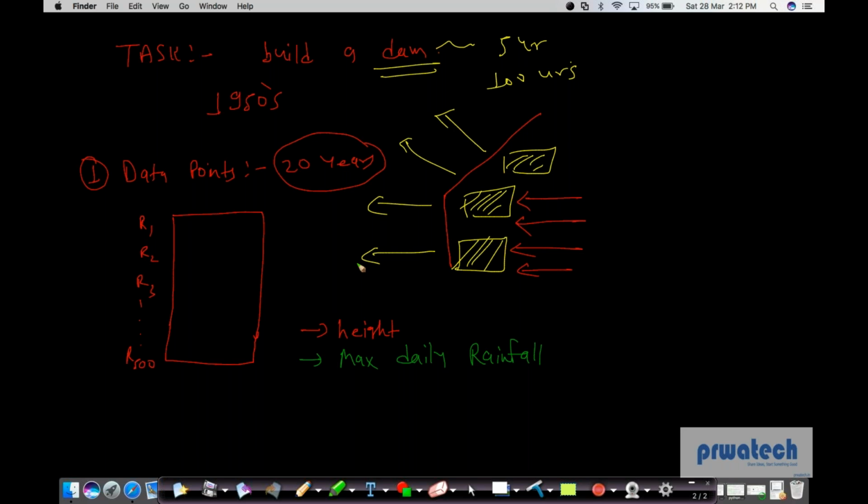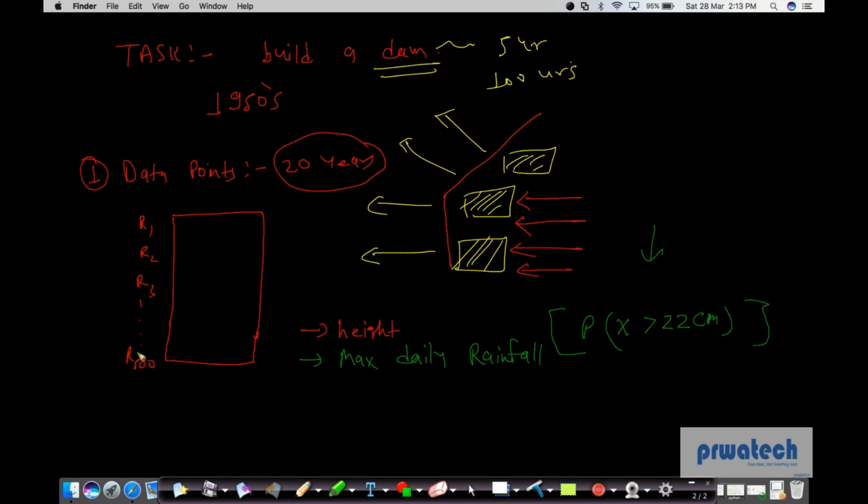Once I know this, say this is my random variable X, meaning all the rainfall data is stored in X, I will check in total how many days we have experienced more than 22 centimeters of rainfall. I need to find out the probability of this question. So the maximum daily rainfall, I need to know this number.